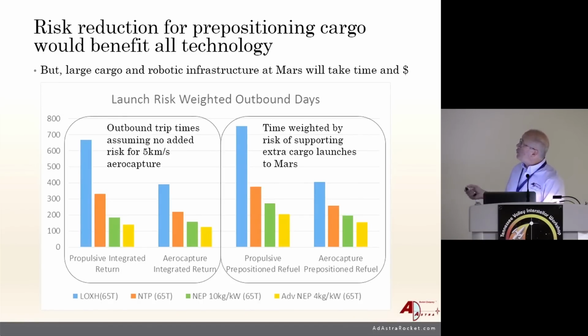And so if you do risk optimization and weight this by the extra risk you have to put in place by pre-positioning at Mars, you have to do this kind of crudely. So I did this just simply by how many extra launches you have to get to Mars, and you find that you really do win by going nuclear electric.